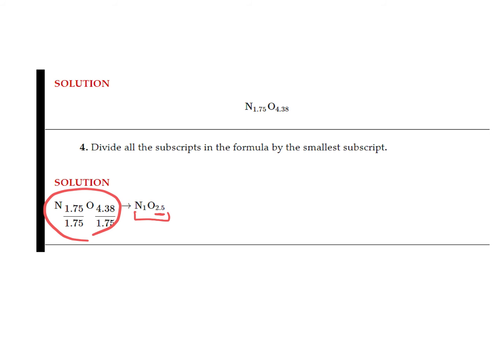So if the number is really close to a whole number, for instance 2.999, yes, you can round it. But here, you have compounds. For instance, I'm just writing it as an example, N2O5, right?